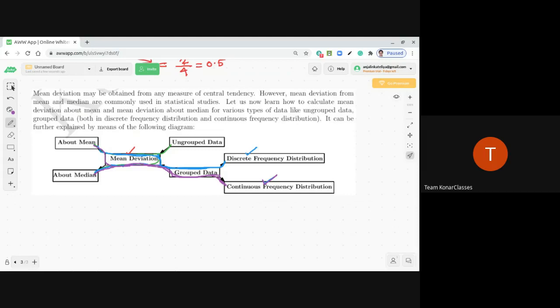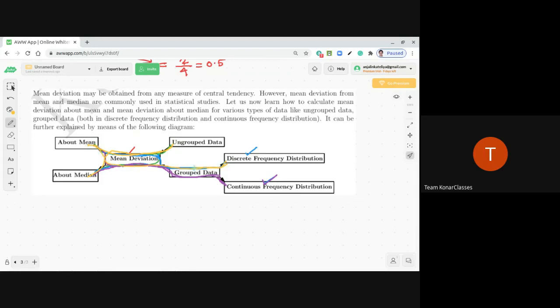What are the 6 categories? Let me use a uniform color so that it is all understood. First, ungrouped data, mean deviation about mean. Second, ungrouped data, mean deviation about median. Then grouped data: discrete frequency distribution, mean deviation about mean.